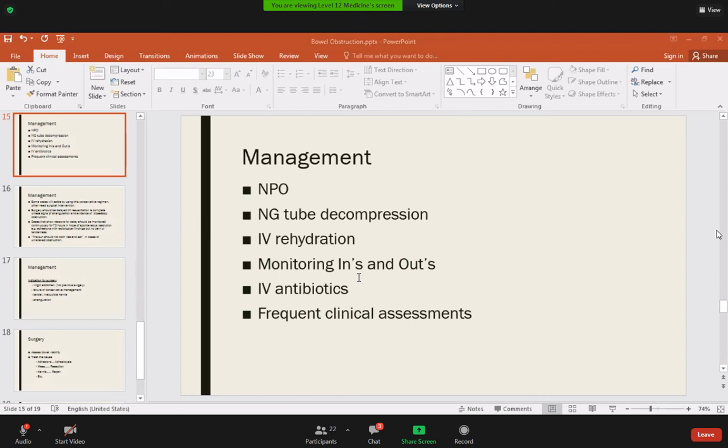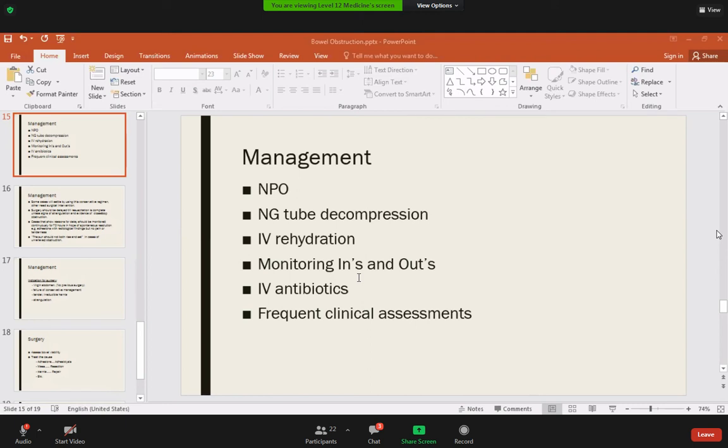You will pass an NG tube and start decompressing the gut, so as to reduce the load on the gut, because that area of the gut that is loaded with fluid or contents is prone to undergo perforation. So you have to be vigilant and decompress that proximal segment with the NG tube.